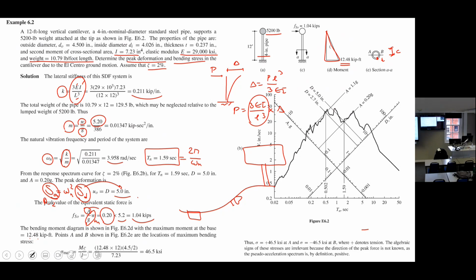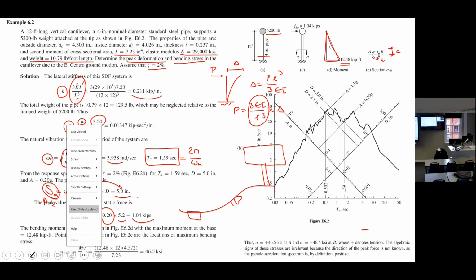Use a bigger section, you will have more I in the denominator, and sigma will decrease. You do the same thing when you design your beam or column: if the ratio is more than 1, you need to make your section bigger. Let's do it. We repeat this process.